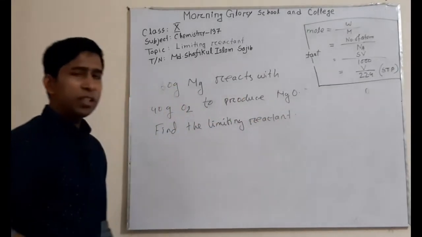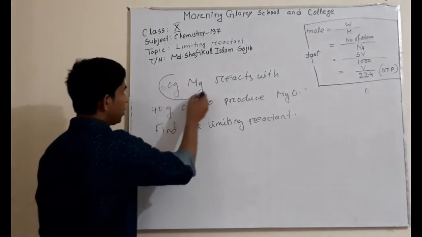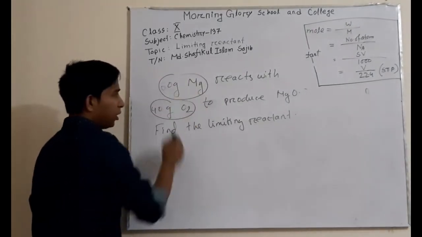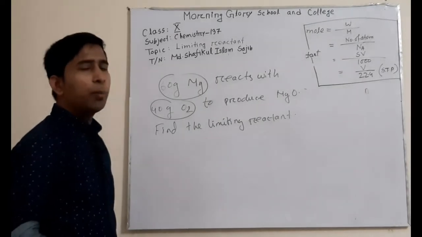Find the limiting reactant. So here we have 60 gram magnesium and 40 gram oxygen. They react to produce magnesium oxide.